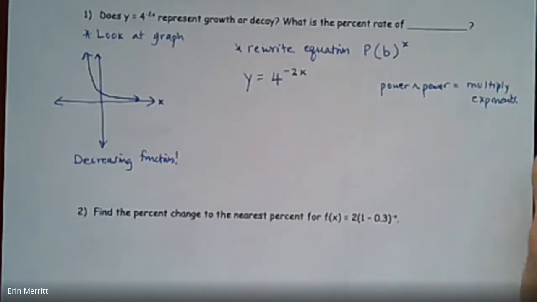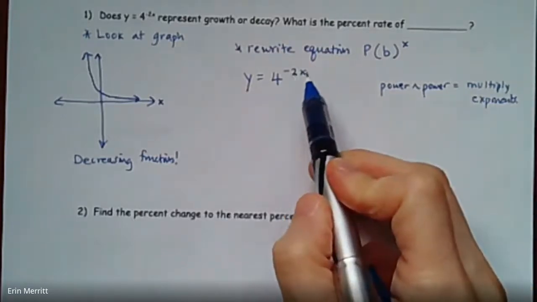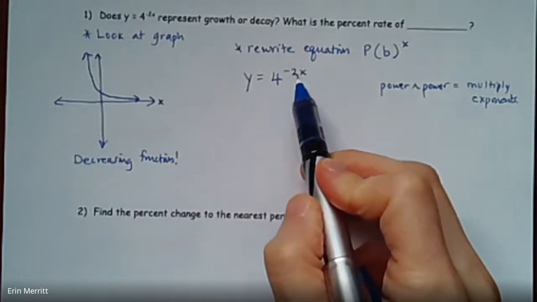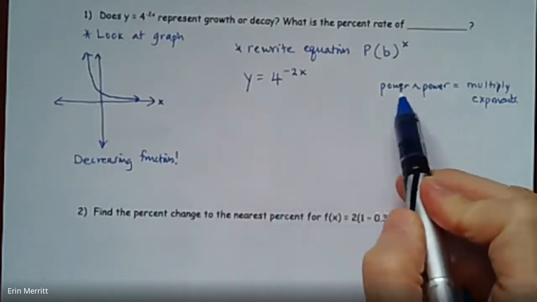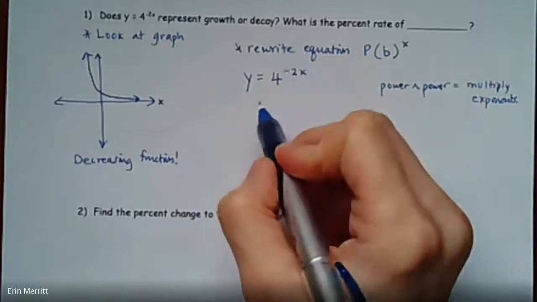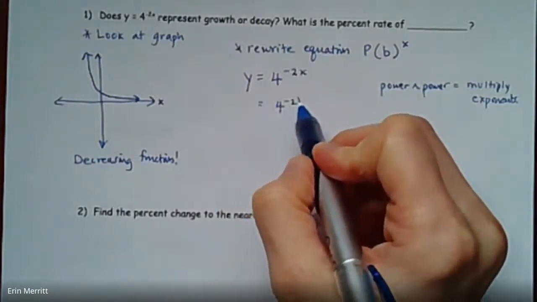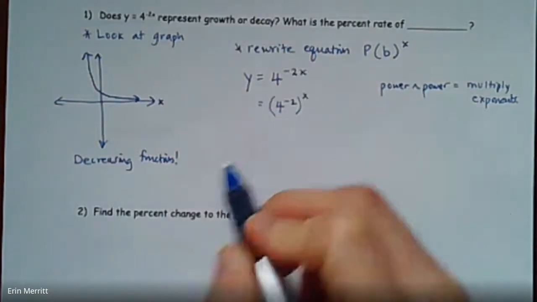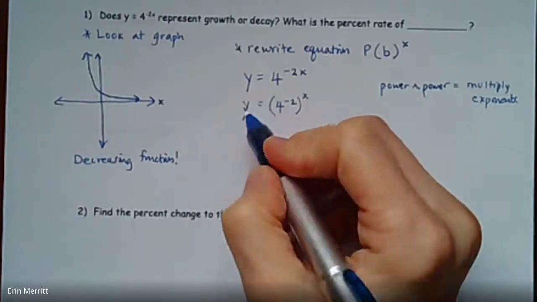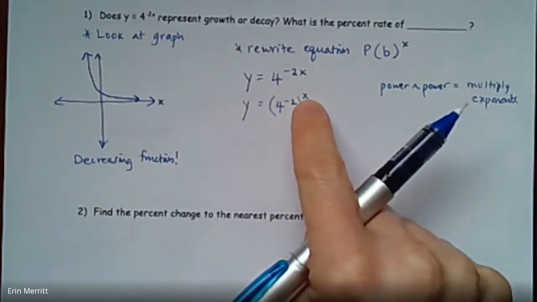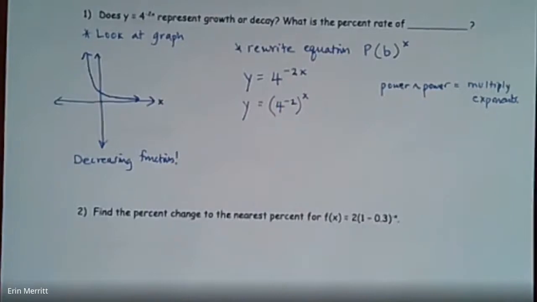So when I have the exponents negative 2 and x multiplied together, I can break them back up into a power raised to a power. I can make this 4 to the negative 2, raised to the x power, because that is equivalent to 4 raised to the negative 2x.